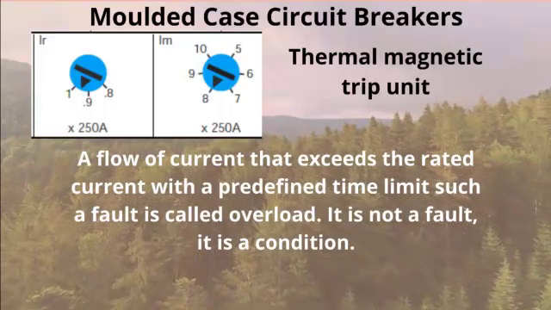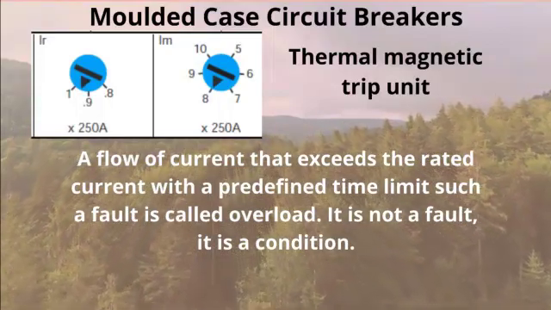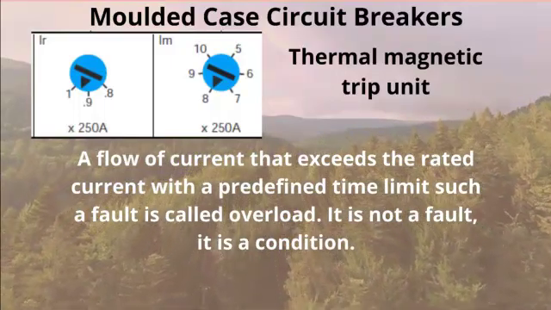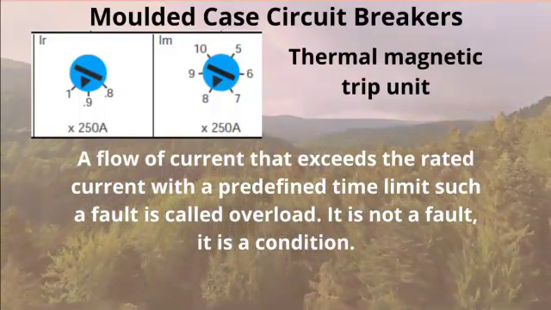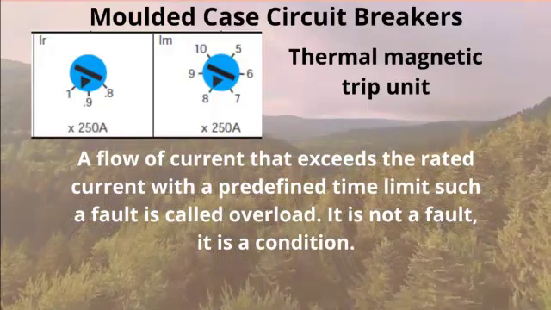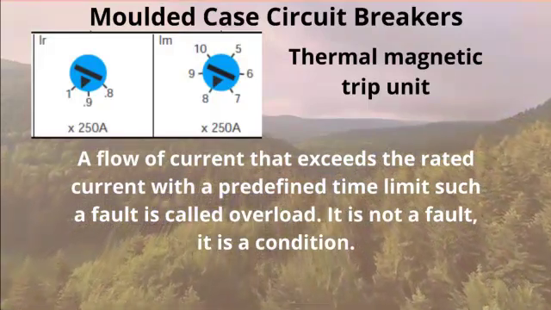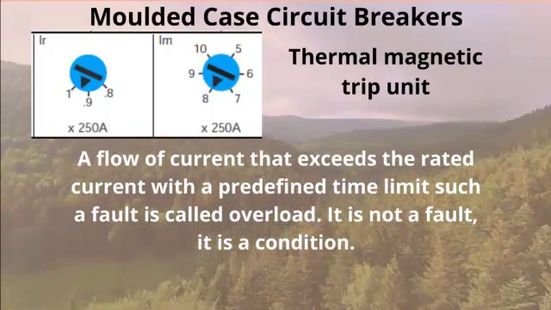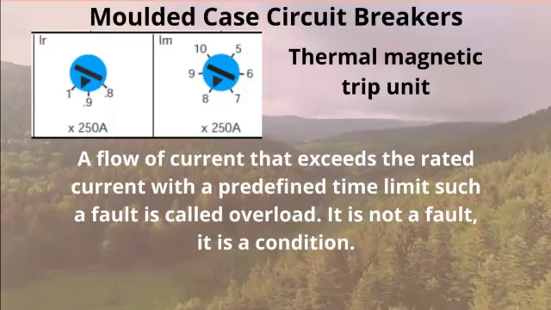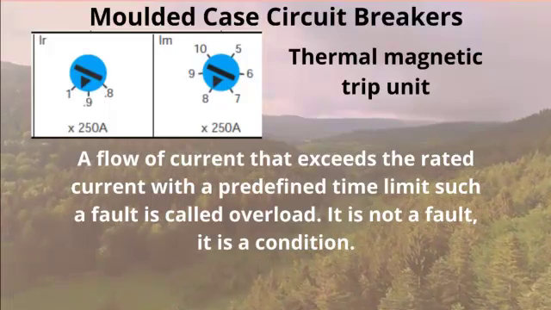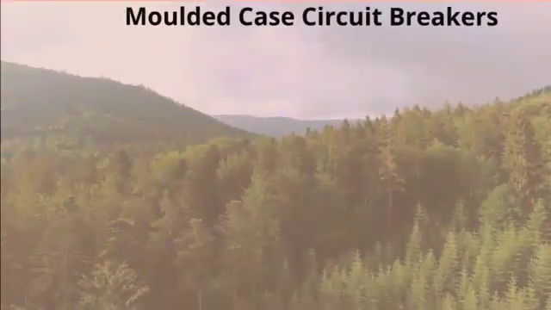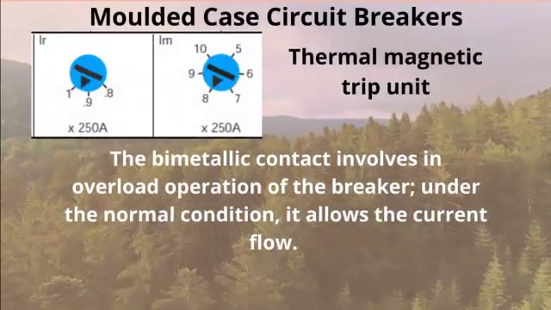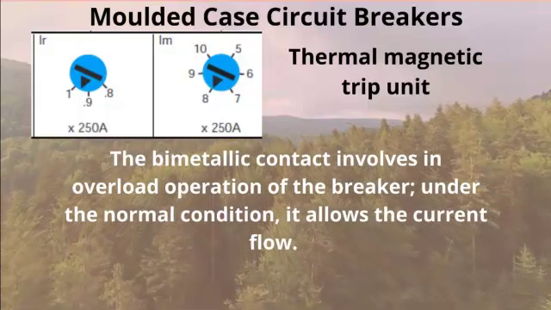Magnetic trip unit. A flow of current that exceeds the rated current within a predefined time limit. Such a fault is called overload. It is not a fault, it is a condition. Bimetallic contact is involved in overload operation of the breaker.